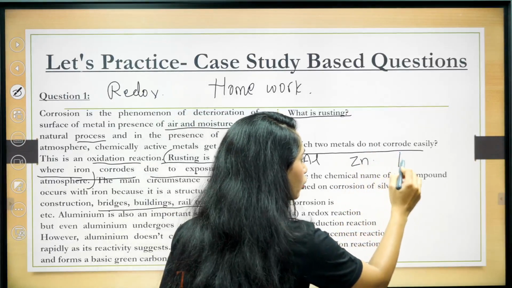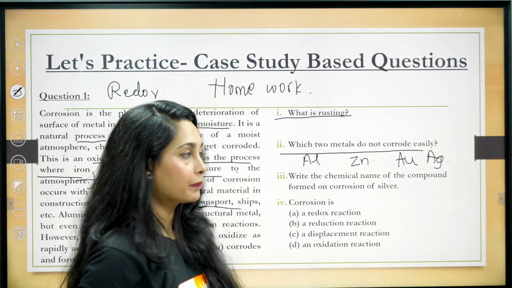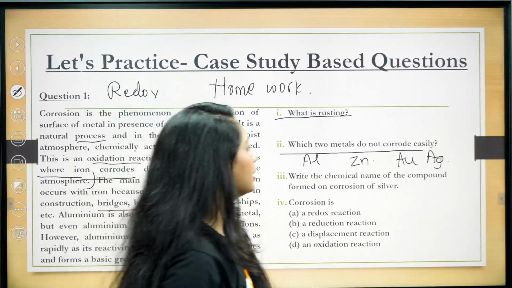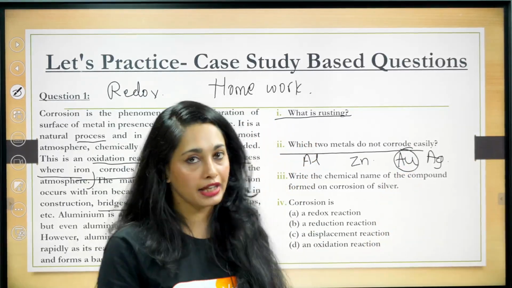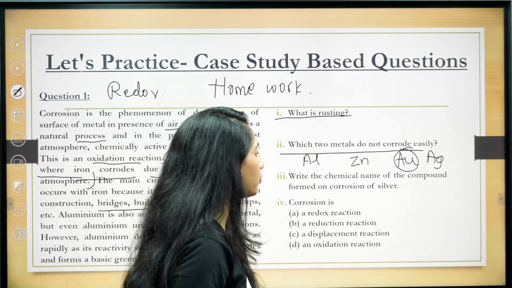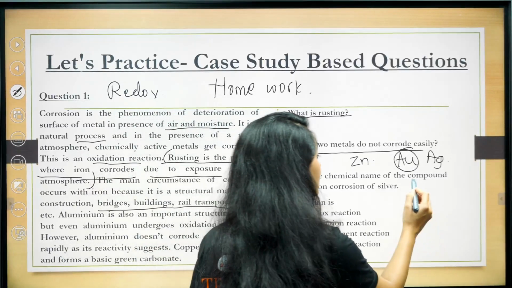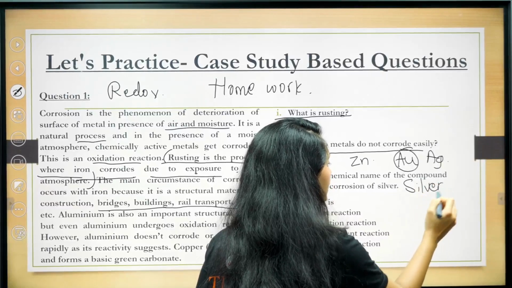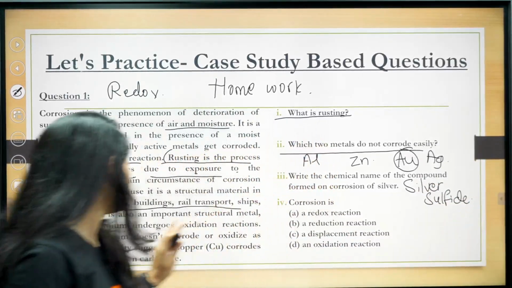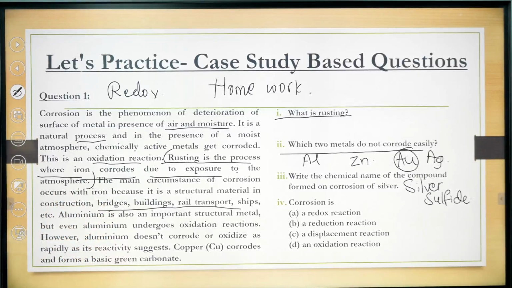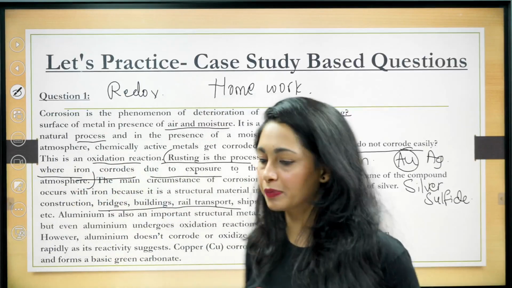Even gold and silver are not going to corrode easily. Yes, silver gets corroded but not as easily as iron. Next, write the chemical name of the compound formed on corrosion of silver. What is it? Silver sulfide. This is not given here, is it? No. So you need to recall the concept here.